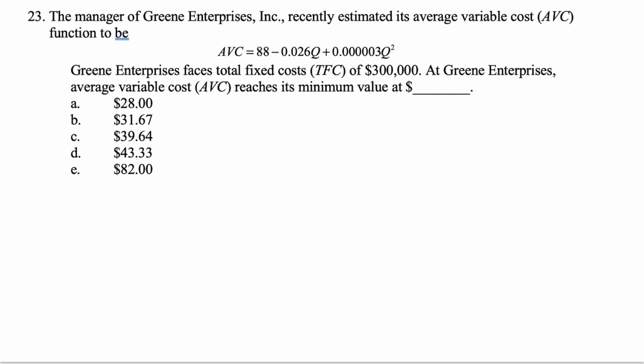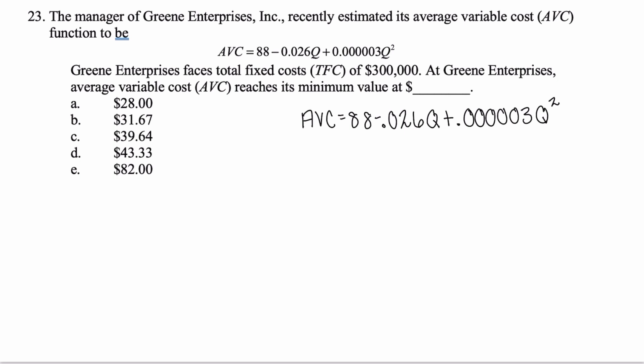23 has an average variable cost function of 88 minus 0.026 Q plus 0.000003 Q squared. So our average variable cost is this function. So I'm just going to write it down. And then it wants us to find its minimum value.